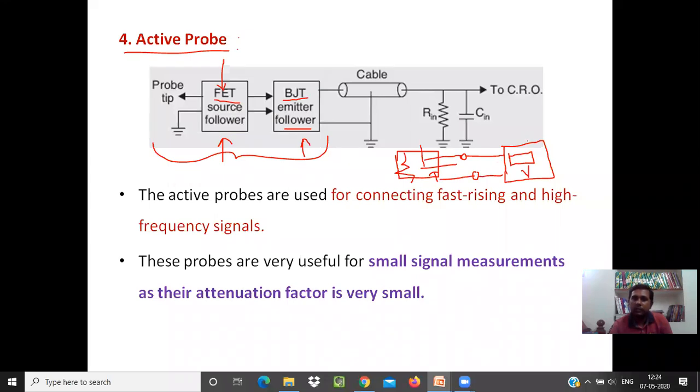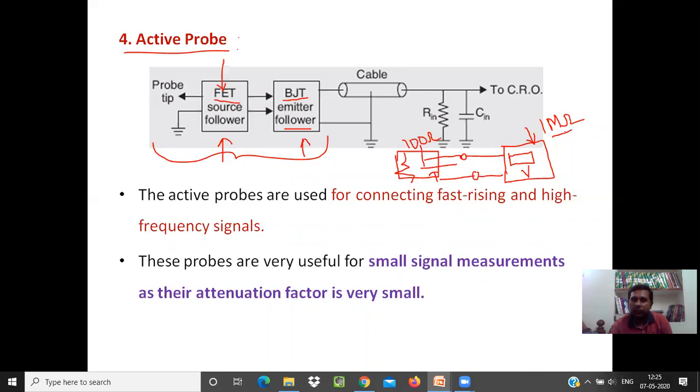Suppose this device has a very high input impedance, let's say 1 mega ohm, and this circuit has, let's say, 100 ohms as its output impedance.